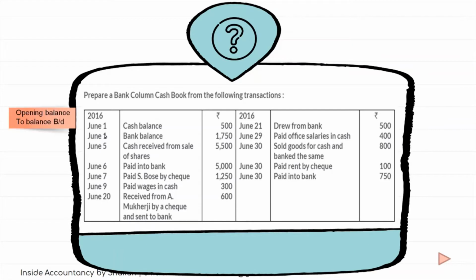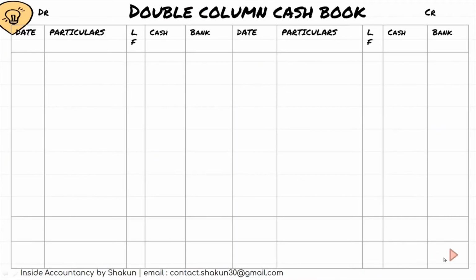So the cash and bank balance is basically the opening balance and it will be transferred to the cash book on the debit side. Since no Cr or Dr is mentioned, we always mention it on the debit side. So this transaction will be mentioned in the cash book on the debit side, as you can see on the screen: To balance brought down, 500 under cash and 1750 under bank.